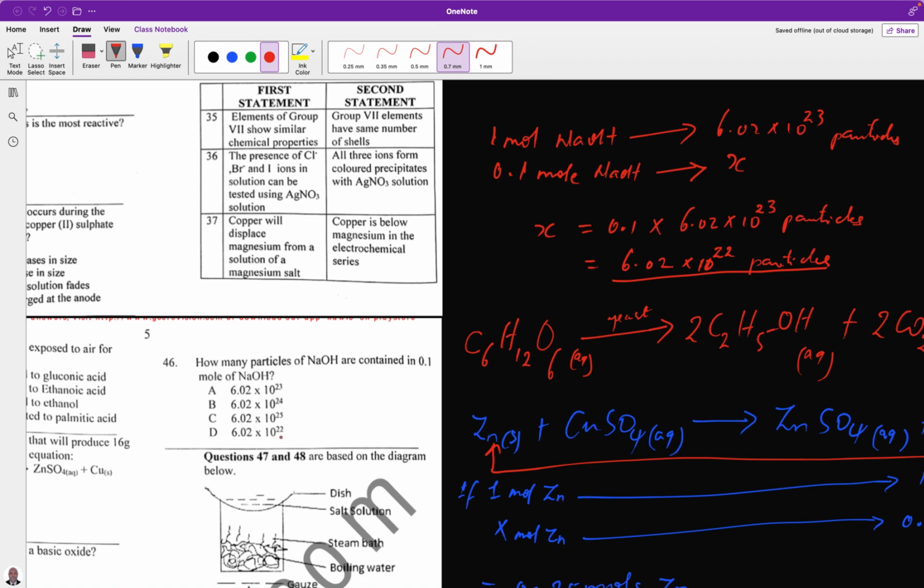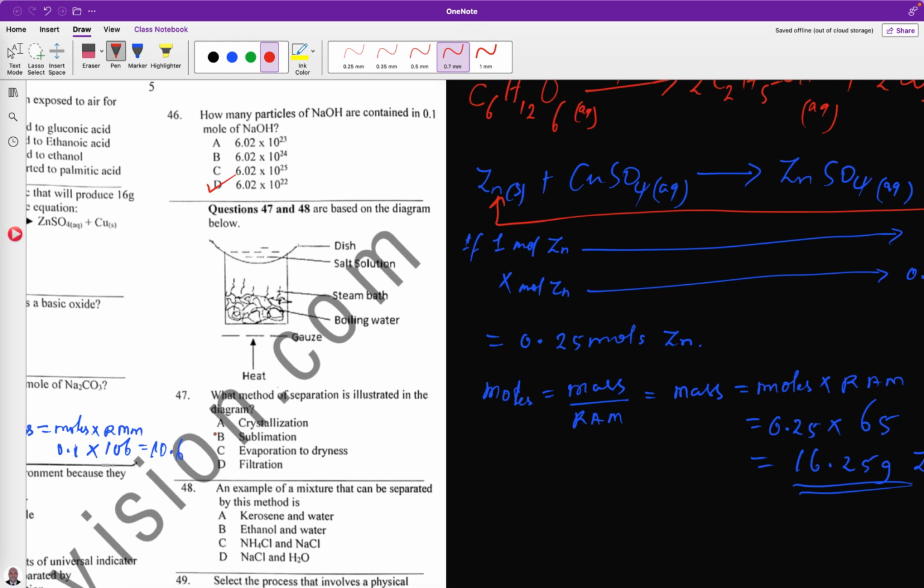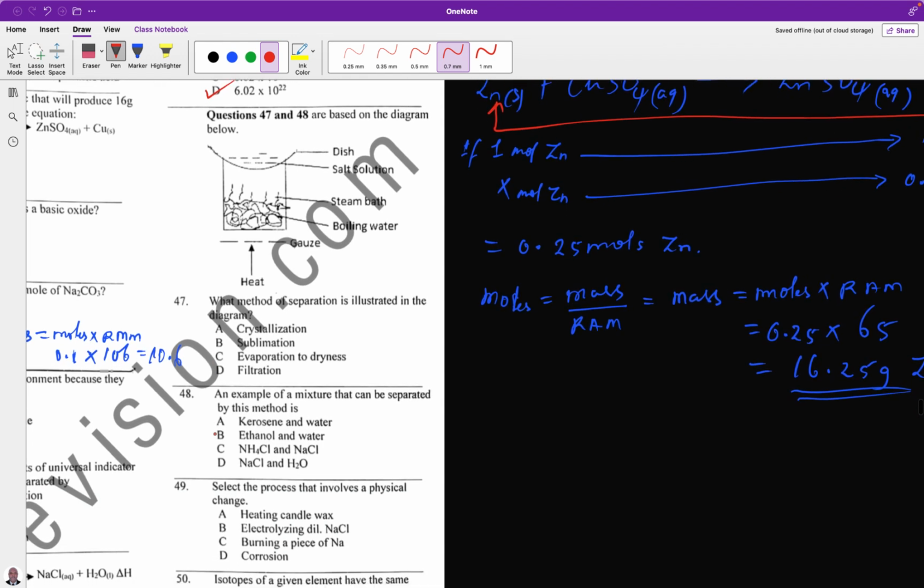Then questions number 47 to 48 are based on the diagram below. We have a diagram showing a dish, salt solution, steam, boiling water, and gas and heat. Question 47: one method of separation is illustrated in the diagram above. It cannot be sublimation, evaporation to dryness, or filtration.